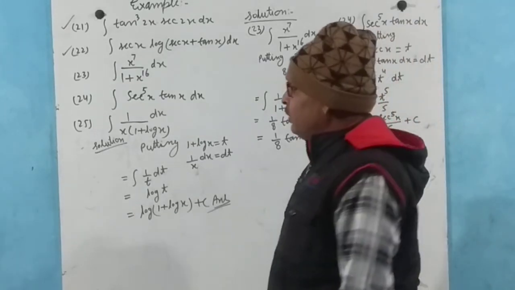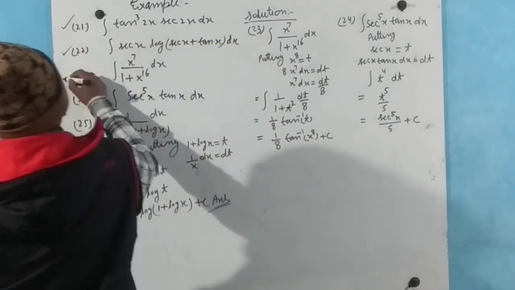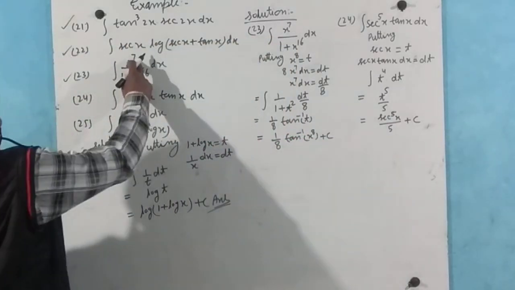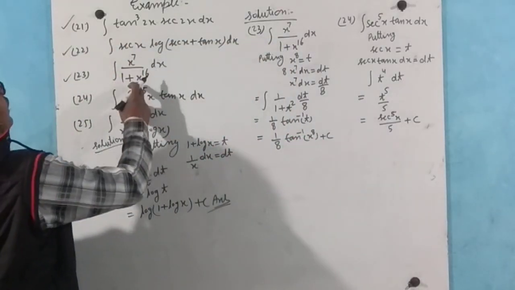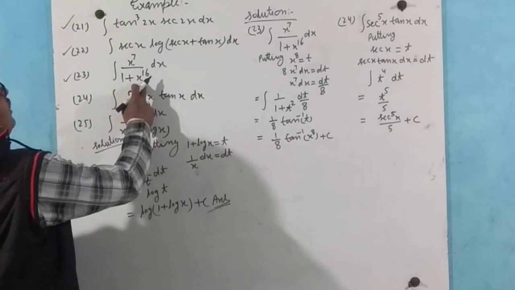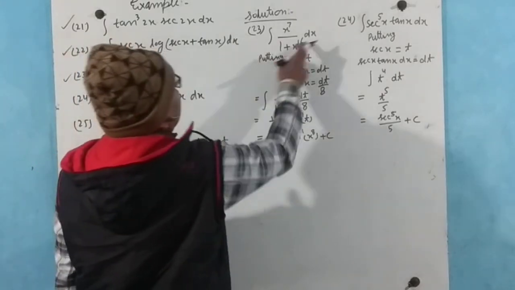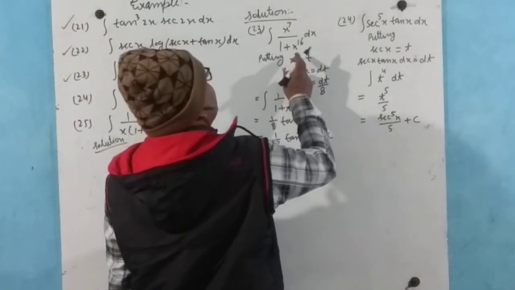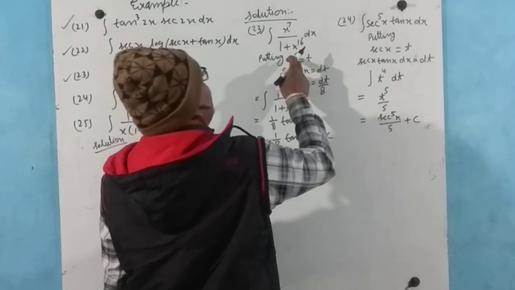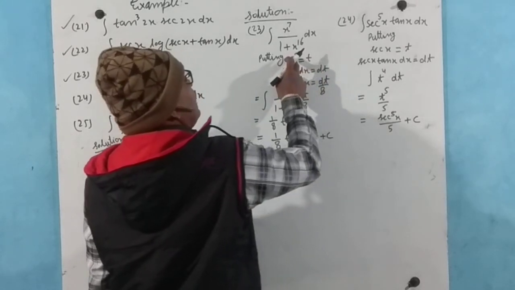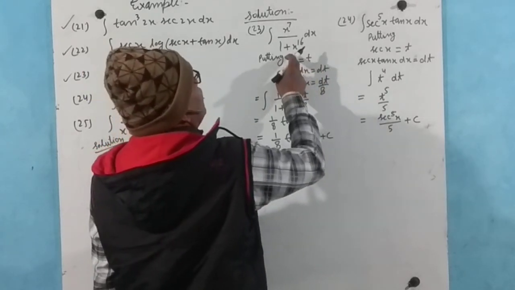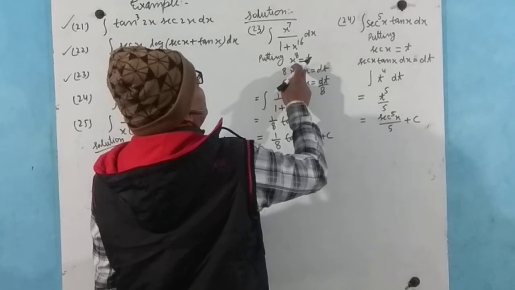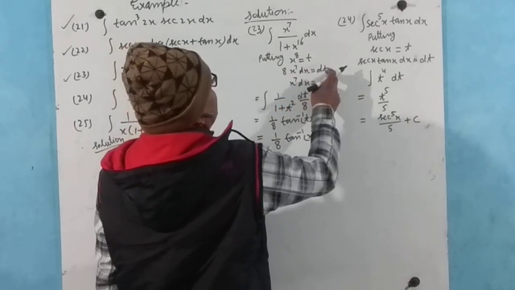Now question number 23 here, integration of x to the power 7 divided by 1 plus x power 16. In this case, putting x to the power 8 equal to t, so that 8x to the power 7 dx is equal to dt.